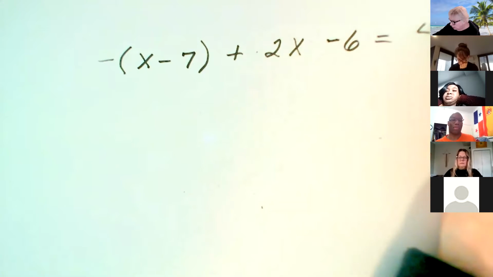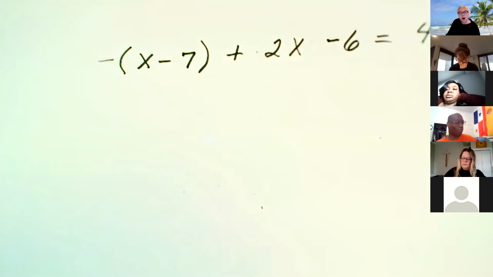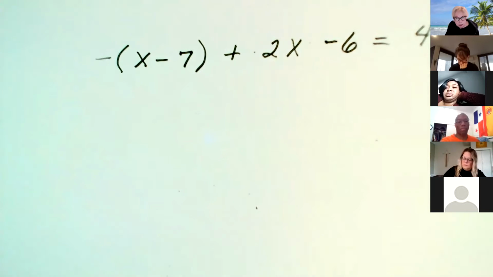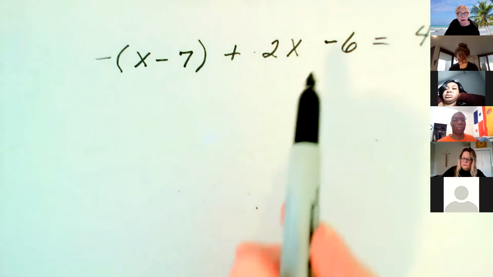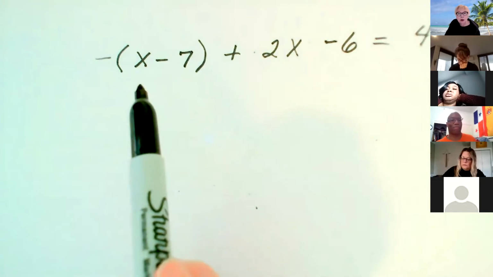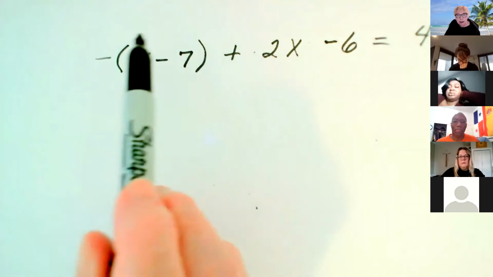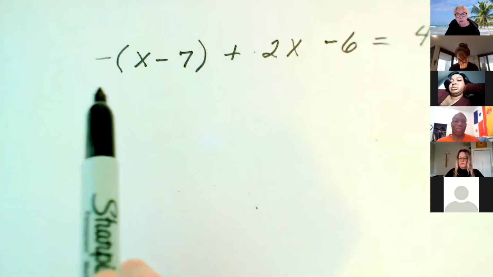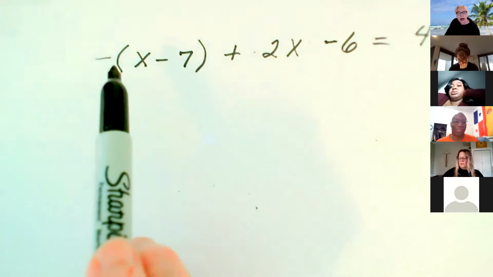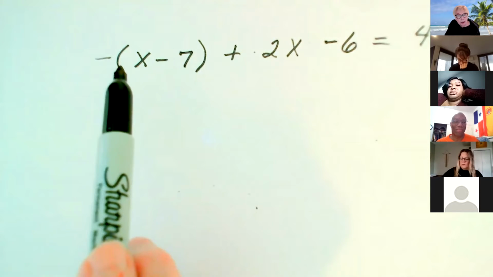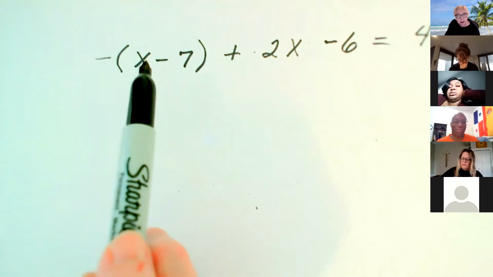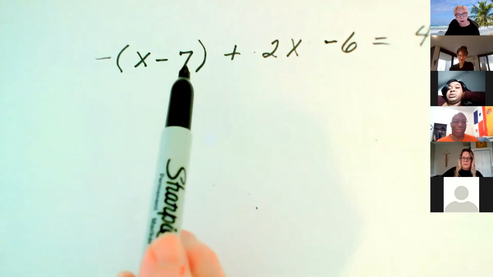Equals 4. Okay. So if you recall, the very first step was to simplify, and this left side is a mess. So I'm calling my attention right to here to get rid of the parentheses. And this negative in front of the parentheses is basically going to switch the signs of these two.